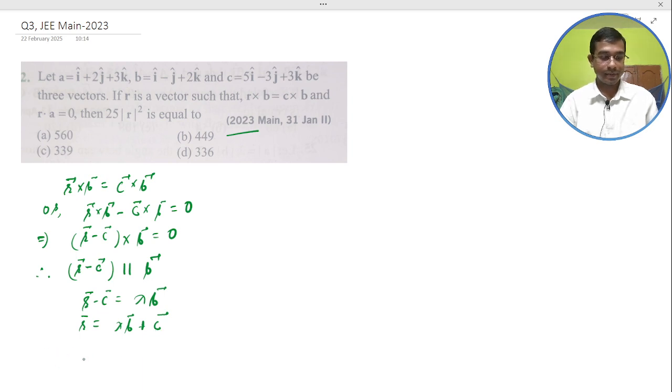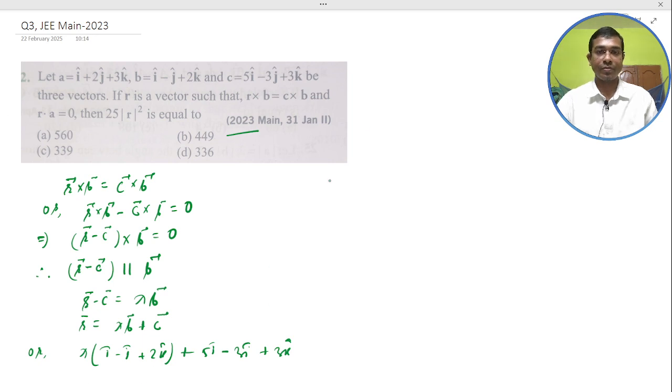Here R is given, or lambda (i minus j plus 2k) plus (5i minus 3j plus 3k).